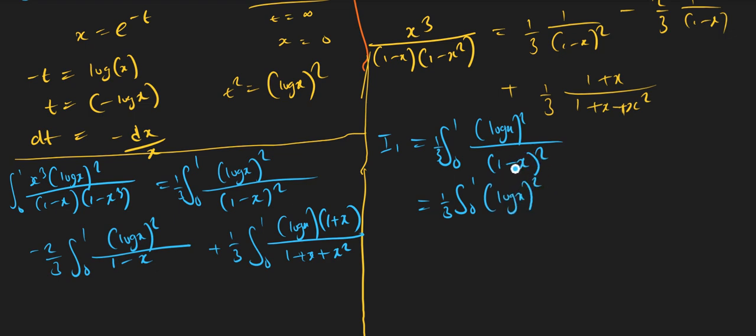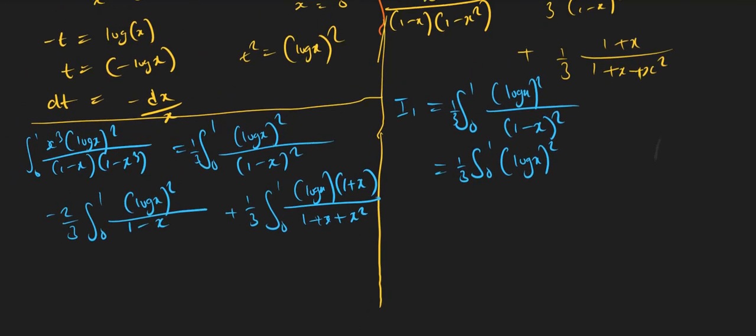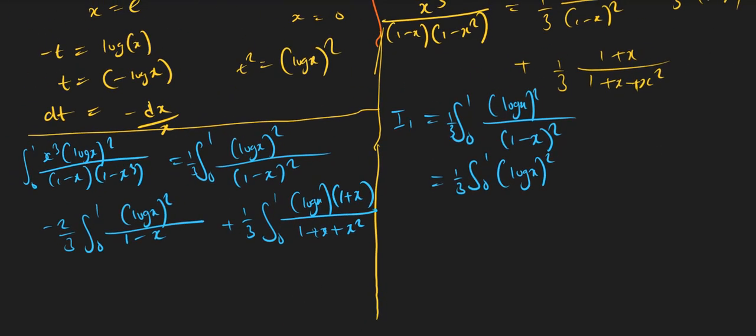But this expression, 1 over 1 minus x squared, is the derivative of the geometric series. For example, let me show something here, in a different color. We know that 1 over 1 minus x is just the sum as n runs from 0 to infinity of x to the n.